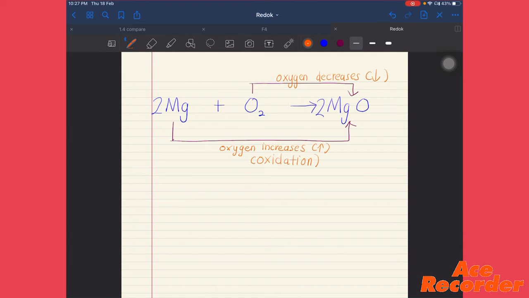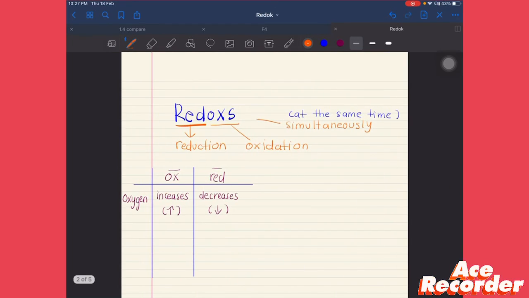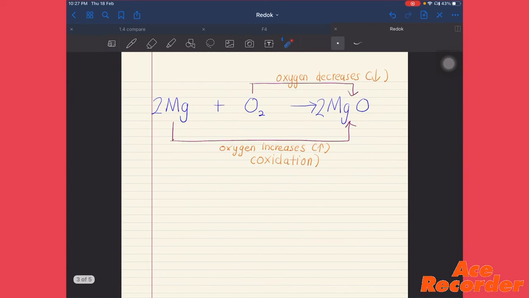So just take a look again on our notes. When the oxygen decreases, I call it a reduction. So this one, I just write on top, reduction. So now, this experiment is a reaction between magnesium and oxygen to produce magnesium oxide.